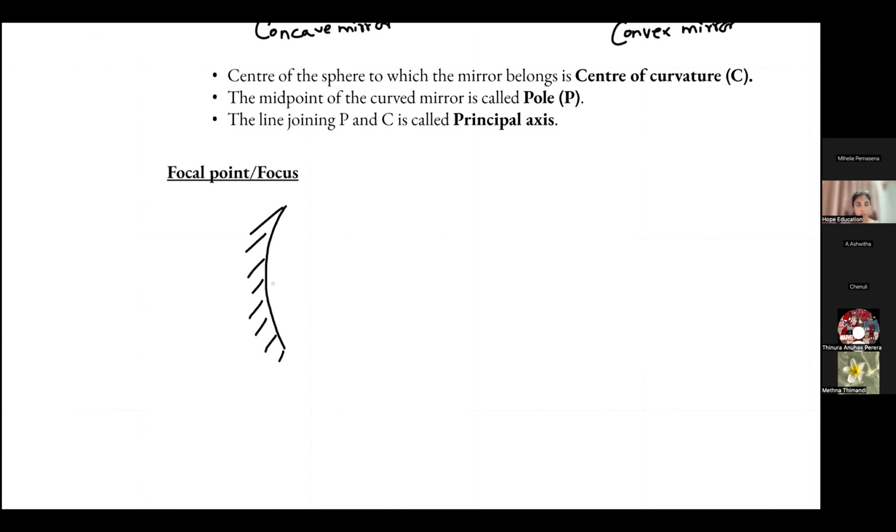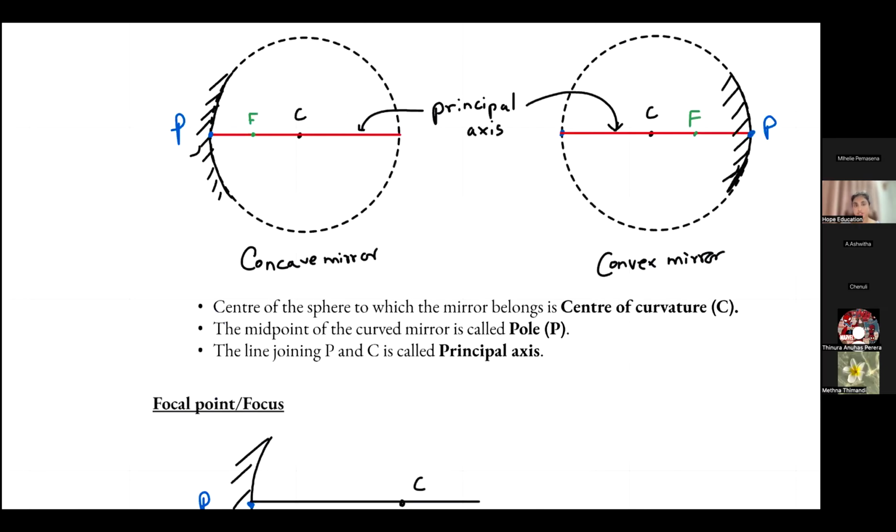So this is the pole P. And sorry, this is the principal axis. Let me draw the imaginary sphere now, okay? This is the principal axis and this is the center of curvature. Right? So we have P, we have the center of curvature. And this is the concave mirror.